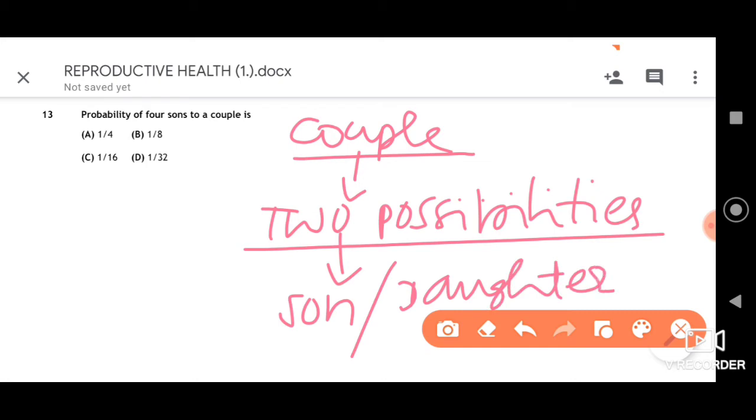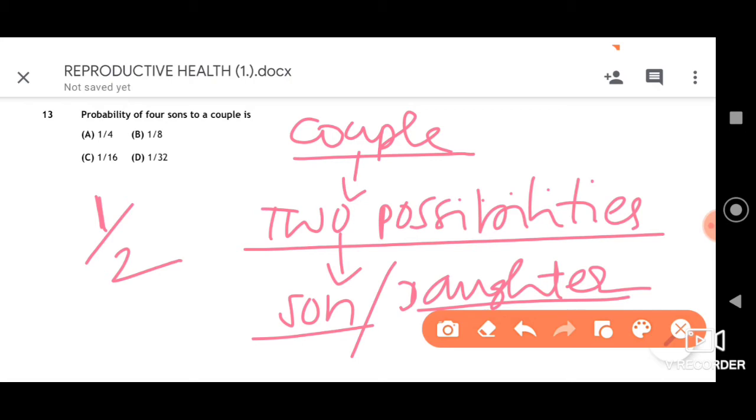Two possibilities are there, either a son or a daughter. So here I can say that the probability of having either sex is 1 by 2. Out of the two options, any one is possible, right? Probability of having any one of the sexes is 1 by 2.